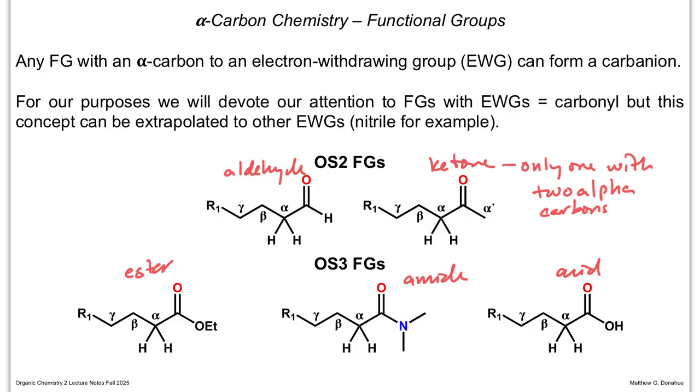The ketone was the only one with 2 alpha carbons. All of the other ones, since there's only 1 alpha carbon, it's really narrowing your choice about how you generate the enolate.